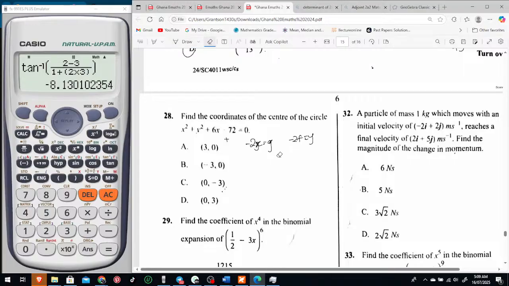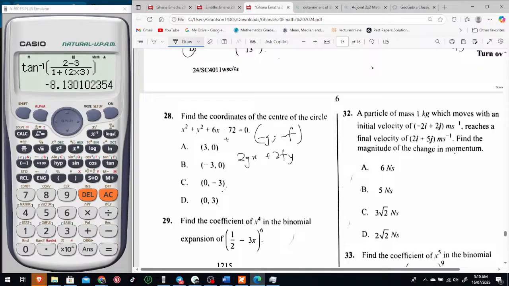You were saying something, my brother. I said it's minus g, minus f when you are finding the center. So minus g, minus f. But in the question it is 2gx plus 2fy.